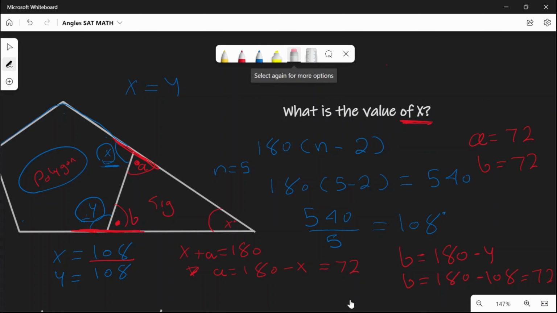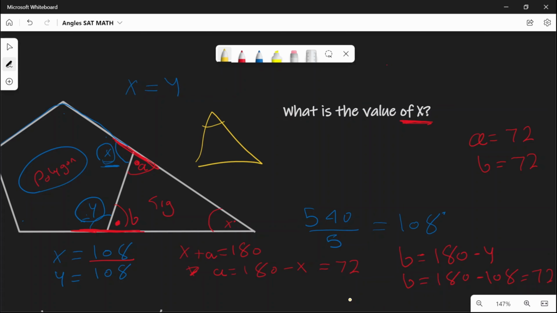Now, let me clear up some space. We know that a triangle has total angles of 180 degrees. And we know 2 of these angles, which are A and B, and both of them are equal to 72. And we need to find the value of angle x, which is this one here.